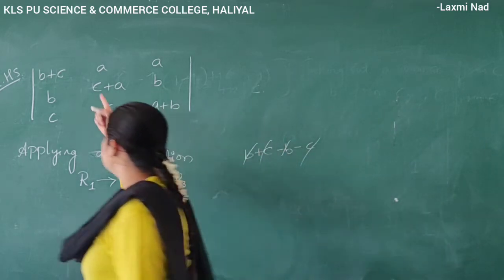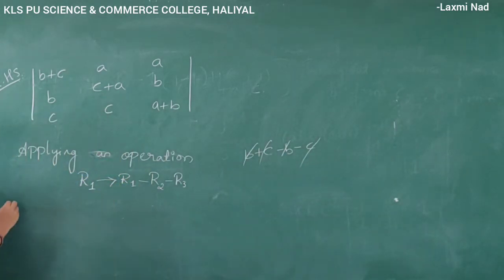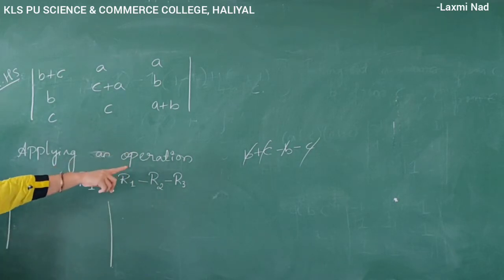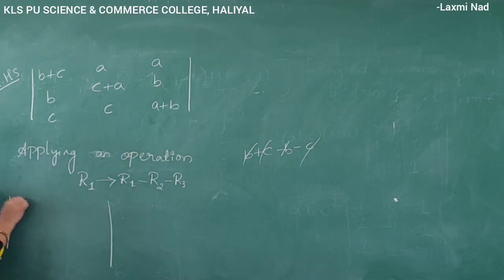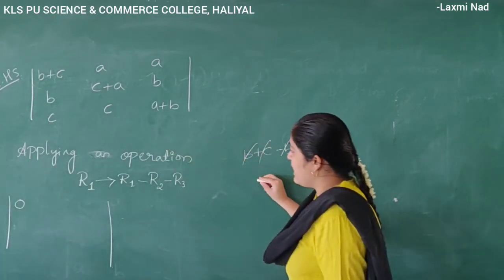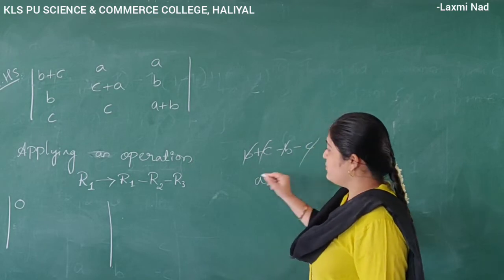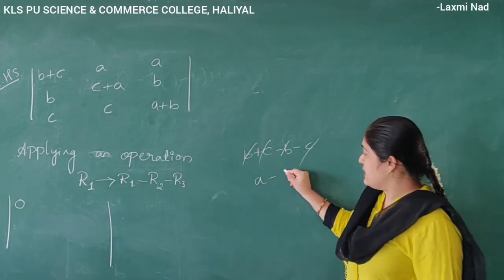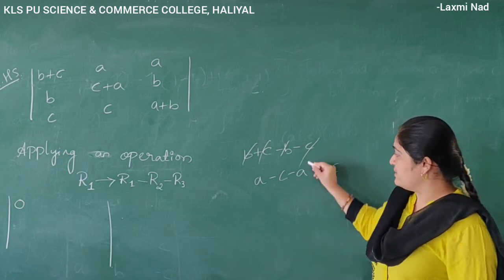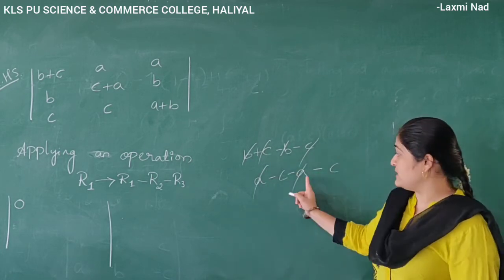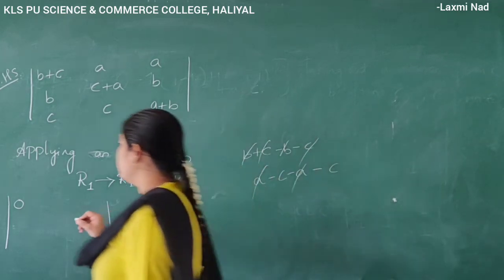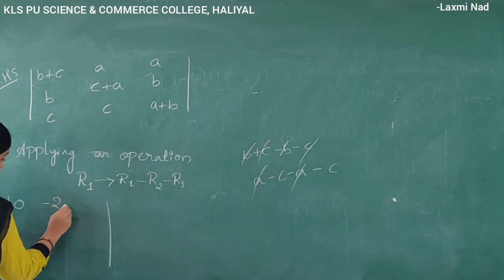In this way, we will solve the remaining ones also. So the given determinant reduces to: here we already solved it, you will get 0. For the second term, again for R1 as usual A, minus C from R2, minus C from R3. Plus A minus A cancels, so minus C becomes minus 2C.